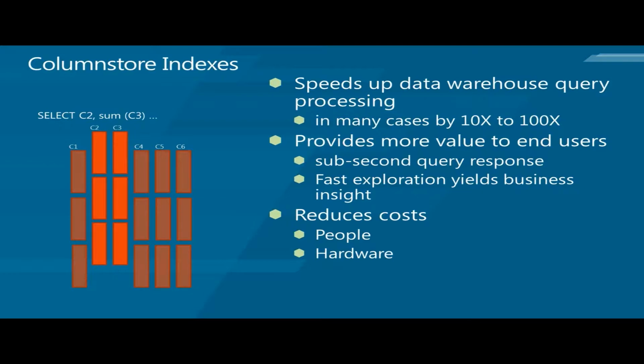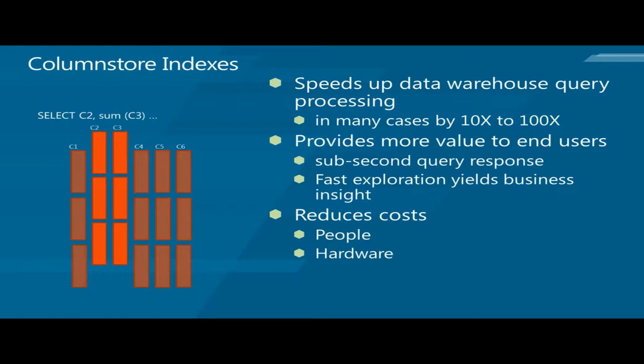So by only pulling from disk the columns that you touch, and by compressing those columns very heavily, you can reduce the I/O necessary to run a query by a factor of 10 or even more. So that's the first thing that gives column store indexes their performance boost.